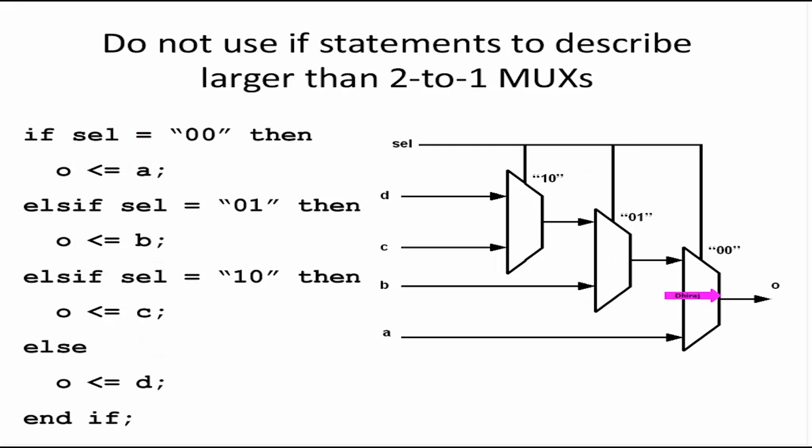Then it will go to 01, so this 00 is connected here, this 01 is connected here. Then B goes, then C goes. Now the last input, D going to the output, is going through a set of three muxes. So this is a priority kind of logic, priority decoding, and this mostly happens for large muxes if you use if statements.